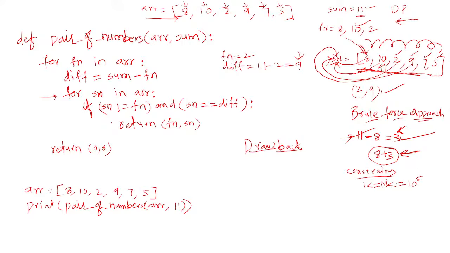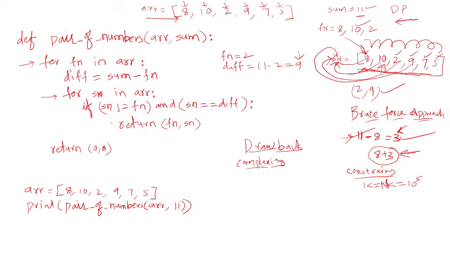If it is 10 to the power of 5, that means in the worst case your array contains 10 to the power of 5 elements, so what happens? The very first thing is you need to roughly calculate the complexity for these kind of programs. You need to understand the complexity of your program. Here you have two loops, one loop running for the entire array and another loop also running for the entire array.